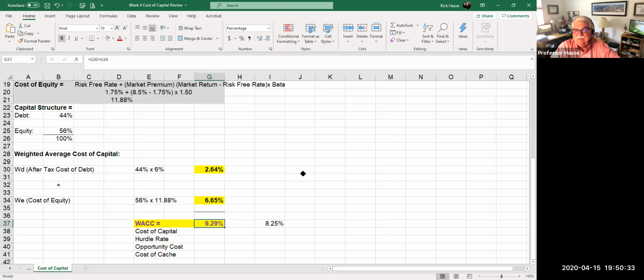If I'm this company and I need capital, it's going to cost me more. That means I have to make more profits to pay it off. If I have cheaper money than the industry, let's say the industry average is 11%, that means I have a competitive advantage because my money is costing me less than my competitors. I can sell my product with less margins because I don't need to make a big profit.